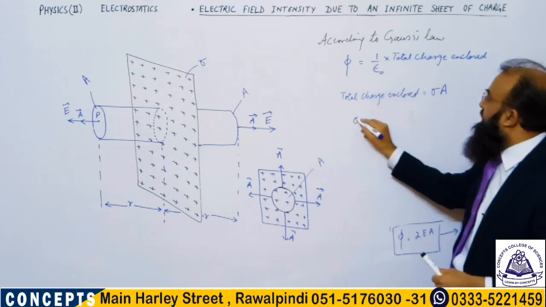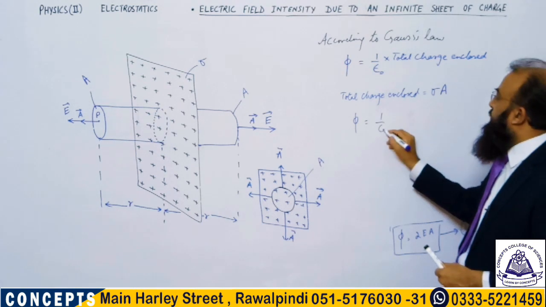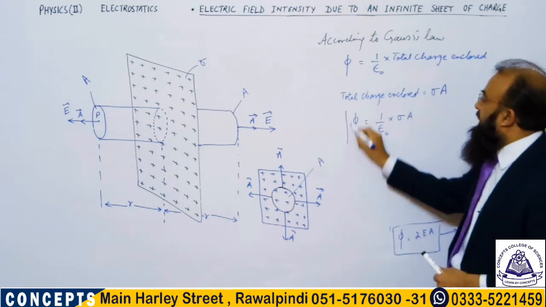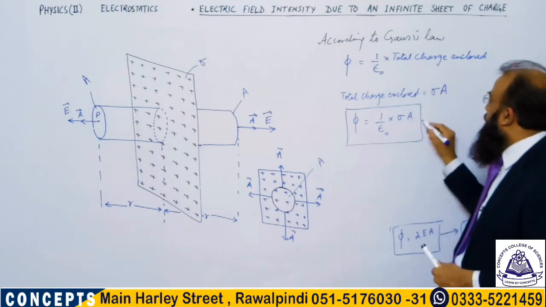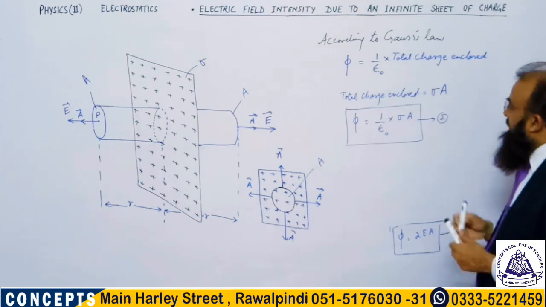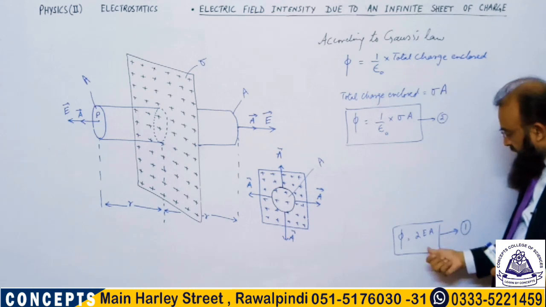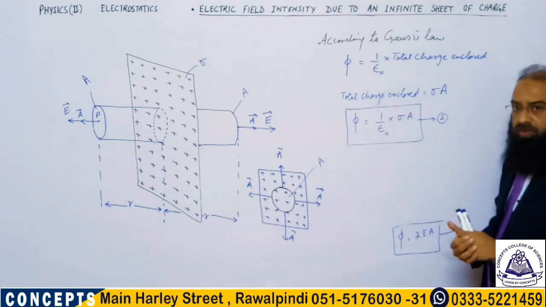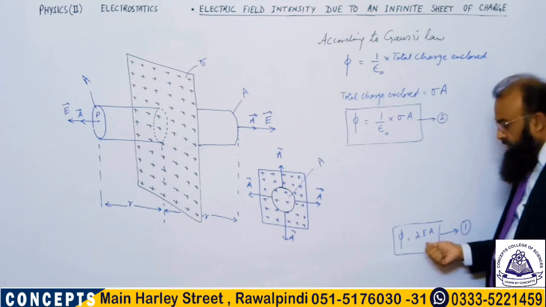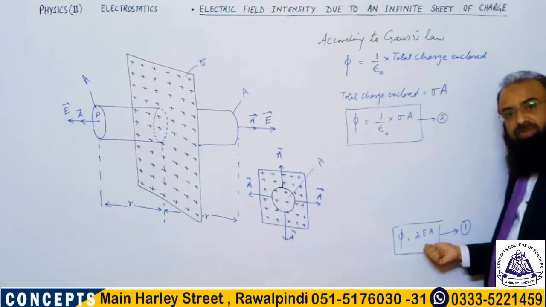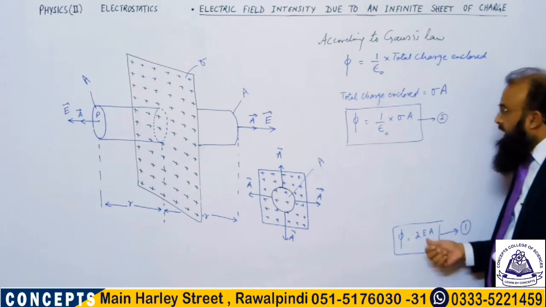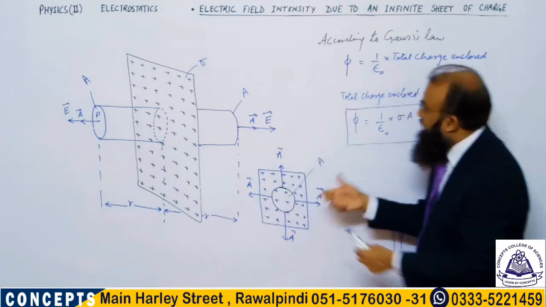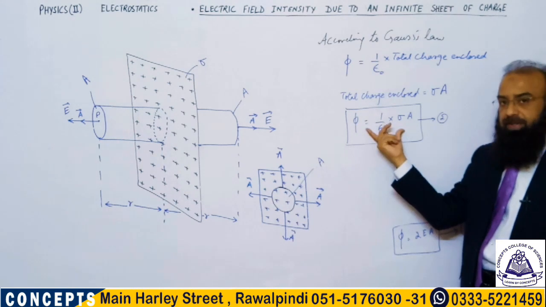So the above equation becomes phi is equal to 1 over epsilon naught into sigma A. You call this equation 2. Now students, equation 1 is the electric flux through this closed surface by using the definition of electric flux, E dot A, and this is the electric flux again through this closed surface by using Gauss's law.